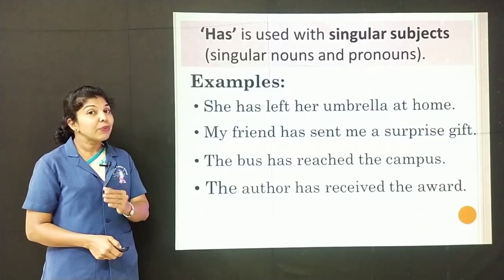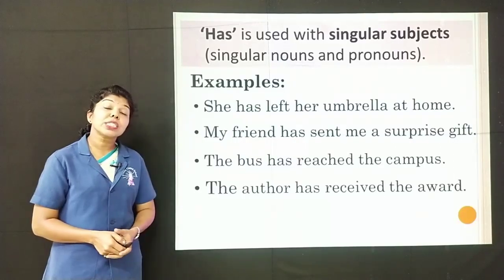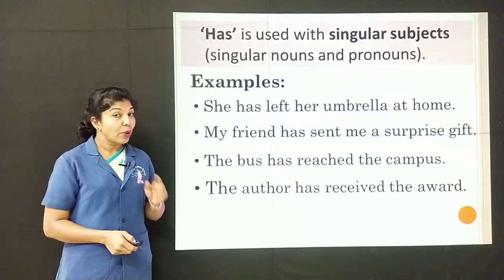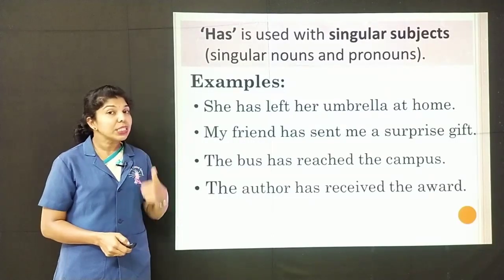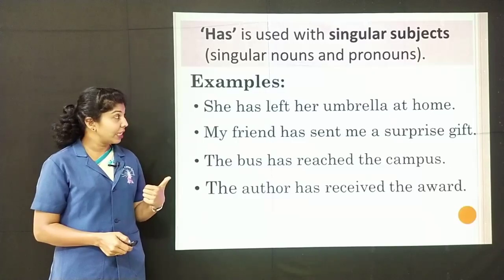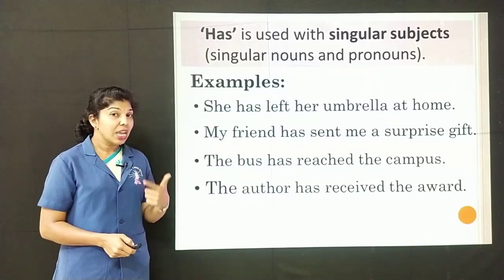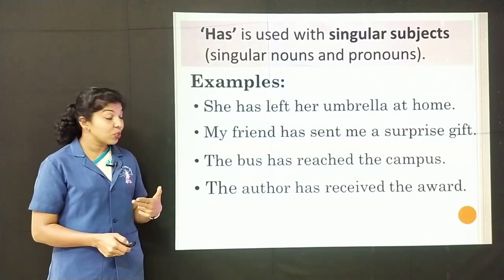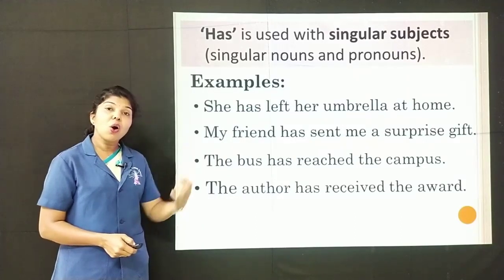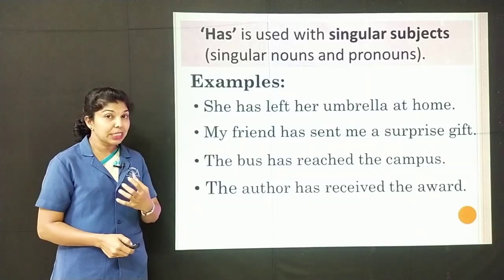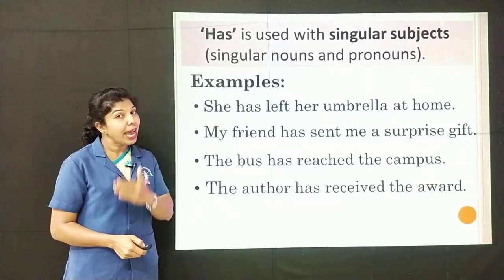So the auxiliary verb has is used with singular subjects. When I say singular subjects, it can be a singular noun or a singular pronoun. For example, she, he, it, or you can also say the bus, the author, my friend. All these are singular subjects used with the auxiliary verb has.